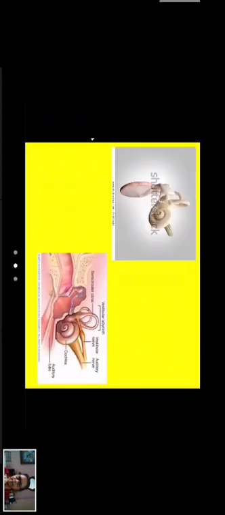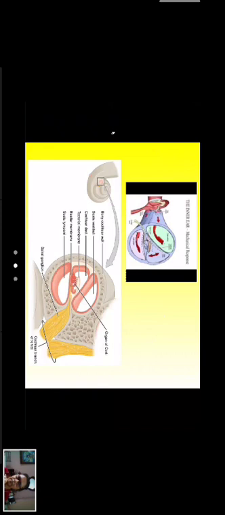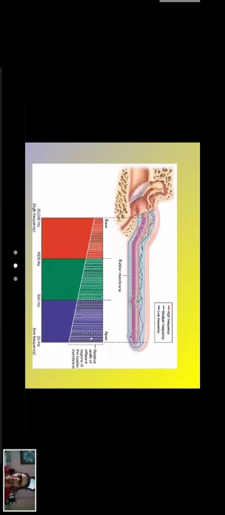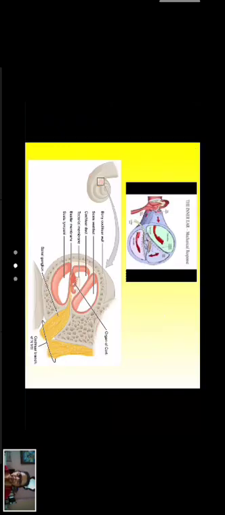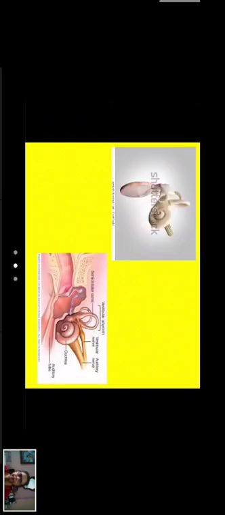From the bony lamina, two membranes called the basilar membrane and vestibular membrane extend from the end of the spiral lamina to the external wall of the cochlea.